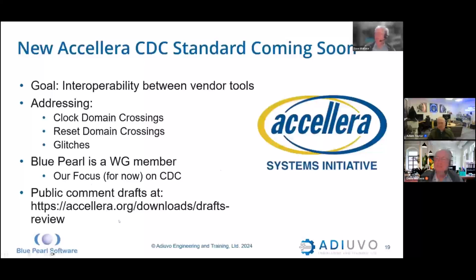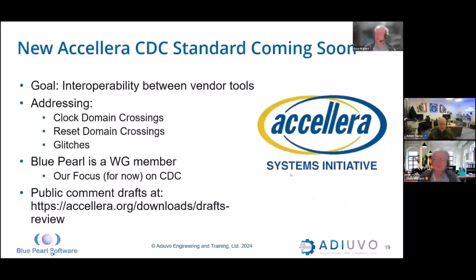This is an initiative that's addressing clock domain crossings, also reset domain crossings, which I'll talk about in a moment, glitches and so forth. Blue Pearl has been a member of this working group from the beginning. Our main focus, driven by what our customers need, is for now on CDC, but we're obviously tracking what's going on in the rest of this.